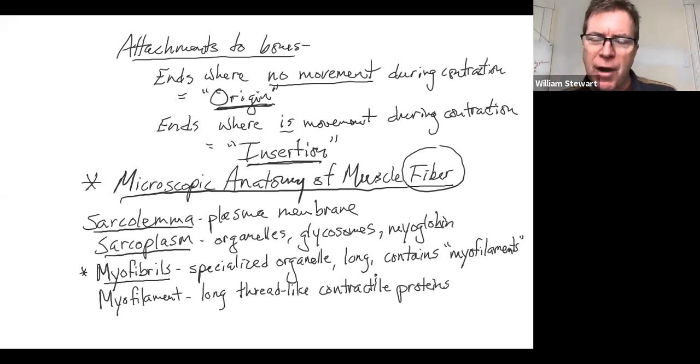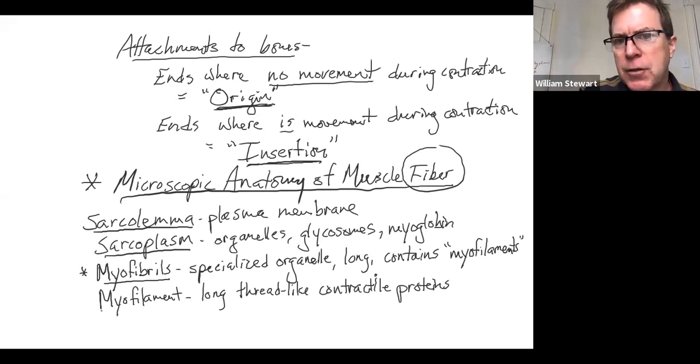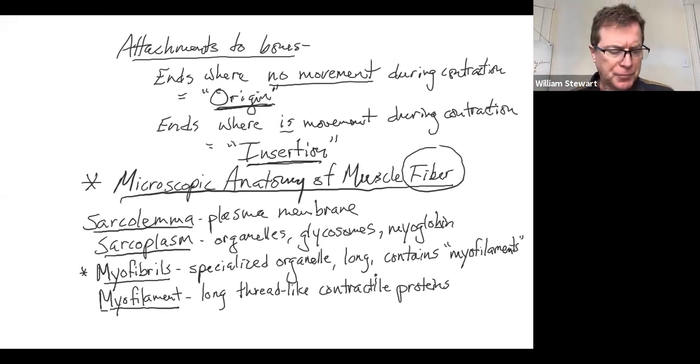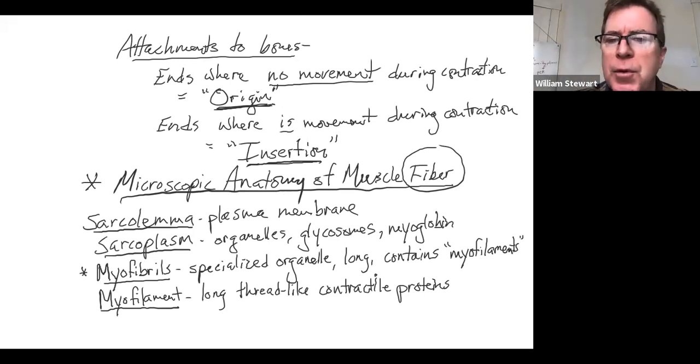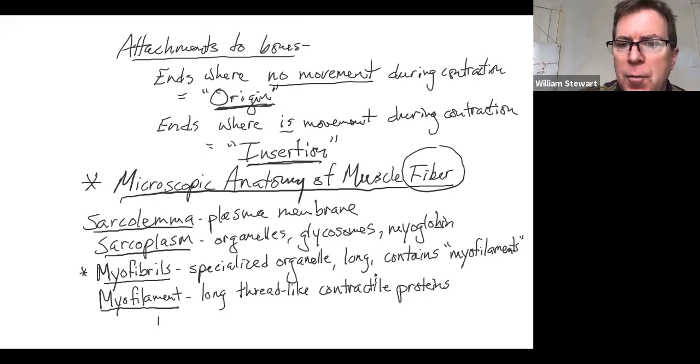I'll try to draw a picture after we define some of these microscopic structures. So they're very small, very thin, rod-like structures inside of the myofibrils. That's what a myofilament is. And there are different myofilaments. There are 3 to be precise. I'll number them.